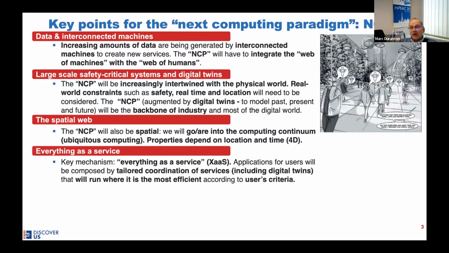And the core of this idea, of the next computing paradigm, is that this is an extension of the idea of everything is a service. So all computing devices, all functions will in fact be represented as services that will be interconnected.